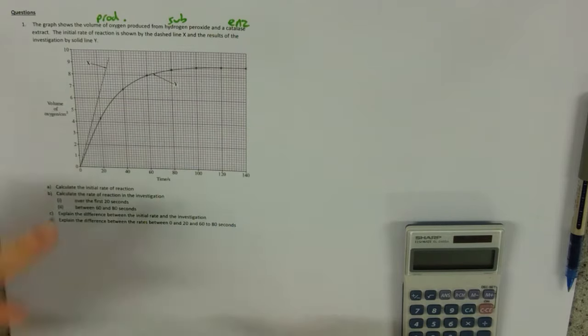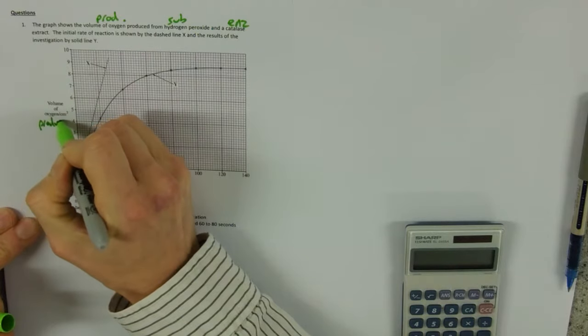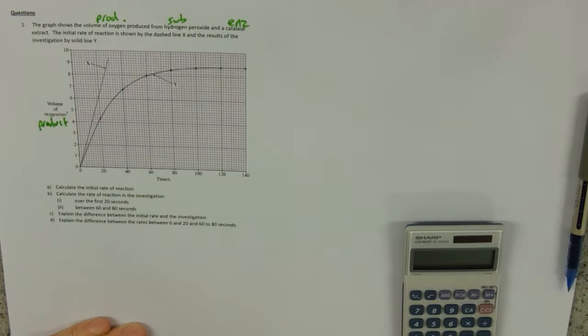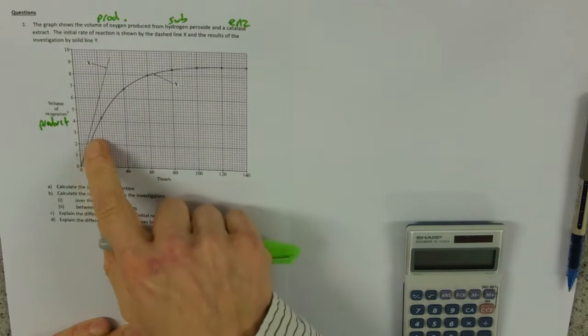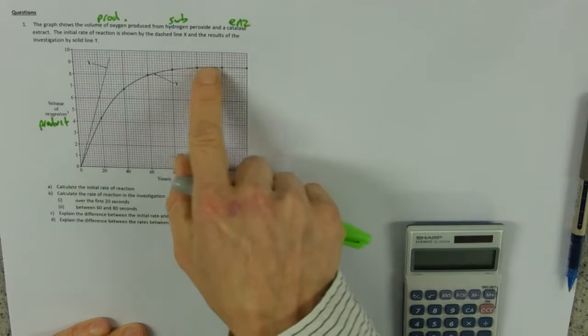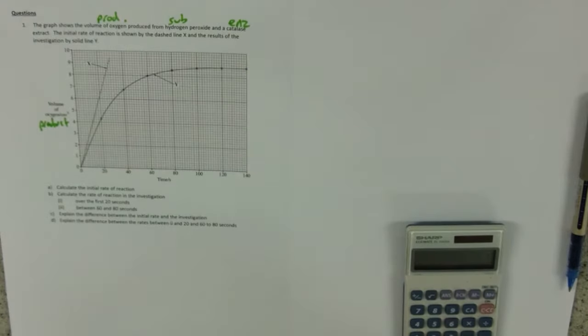And this is our volume of product, and we've got time on the bottom. So over the course of this experiment, we produce our product pretty fast at first, and then we eventually level off and there's no more product made no matter how long we leave it.